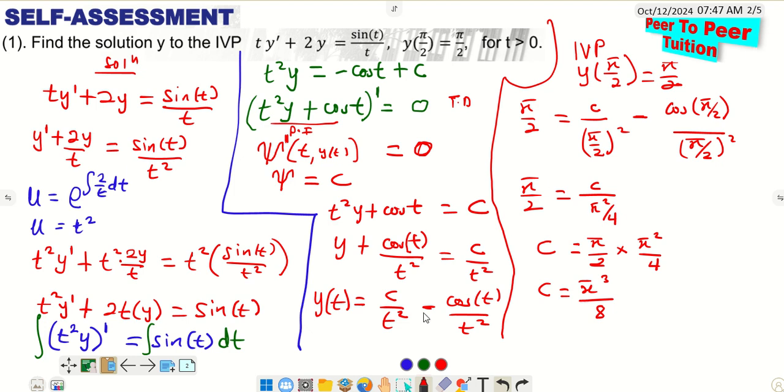Now I go back to the general solution and substitute it inside.